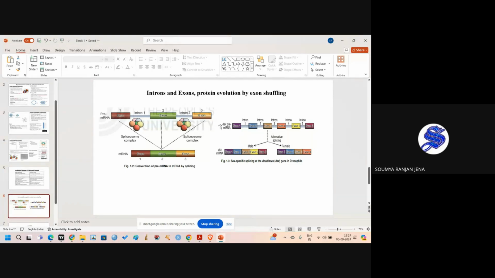Exons 1, 2, 3, 5, and 6 are joined to form the male-specific mature doublesex mRNA, and exons 1, 2, 3, 4 are joined to form the female-specific mature mRNA. This determines the sex of Drosophila by this exon shuffling mechanism.